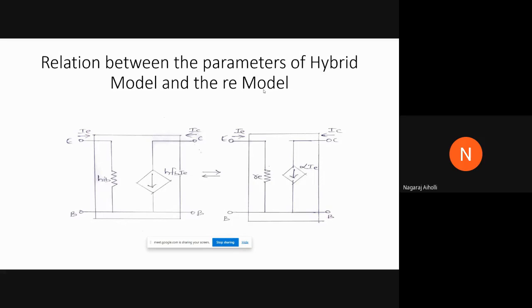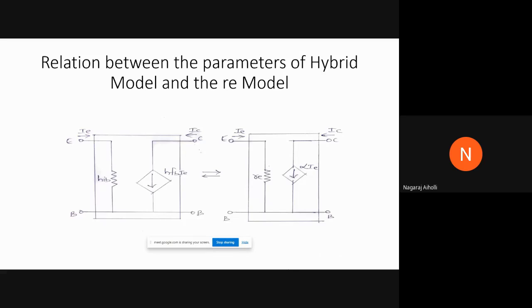So in that emitter follower circuit or the common collector configuration, one more resistance RE will come here. If we are explaining the relation between parameters of the hybrid model and the RE model, this capital RE resistance will come between the junction of small re and alpha IE, and the base.